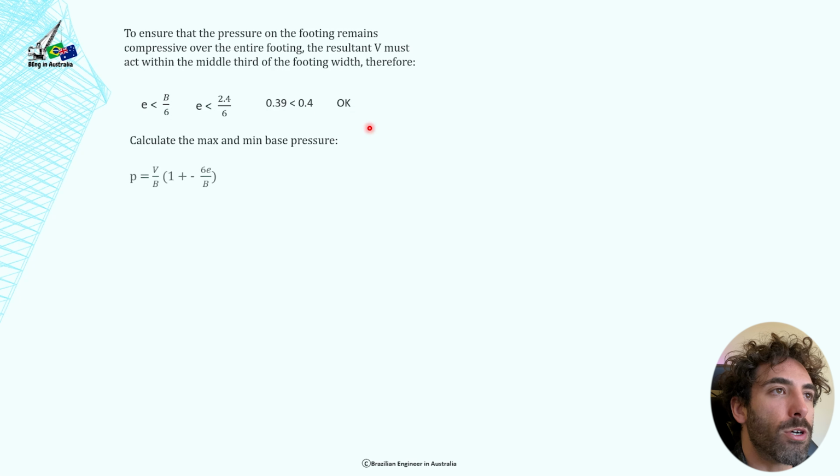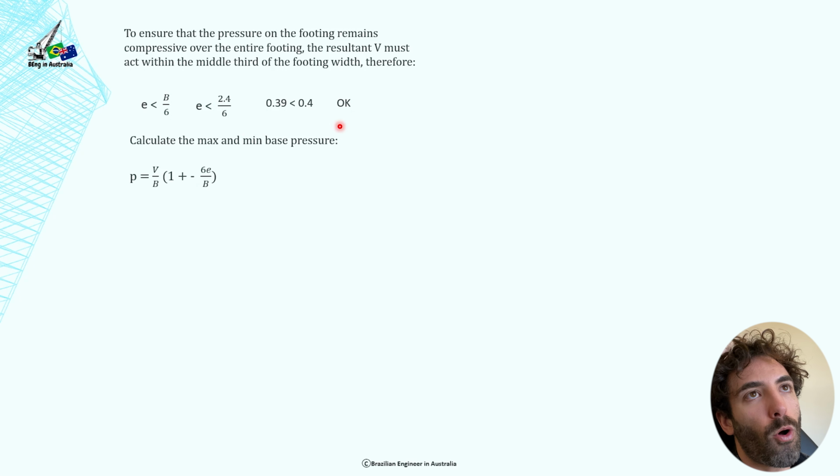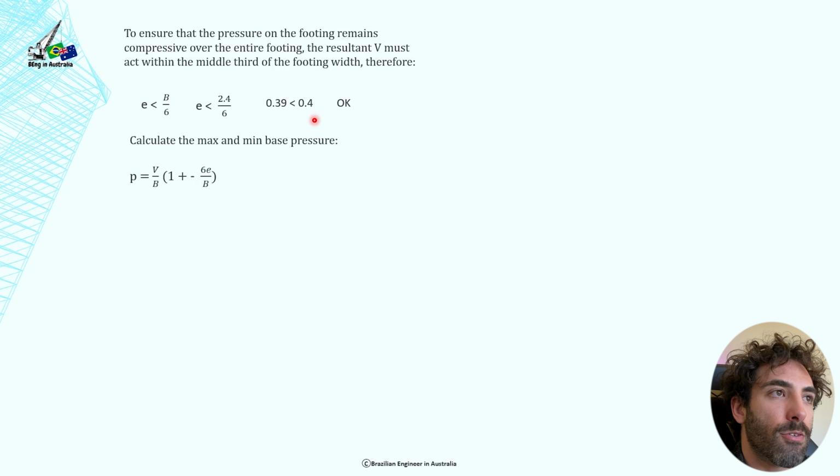Now if that was not smaller than 0.4, it would mean that our pressure distribution under the footing would be different from what we showed in the previous slide, and we possibly would have a negative pressure, or we would have a 0. I do show that in exercise number 2.